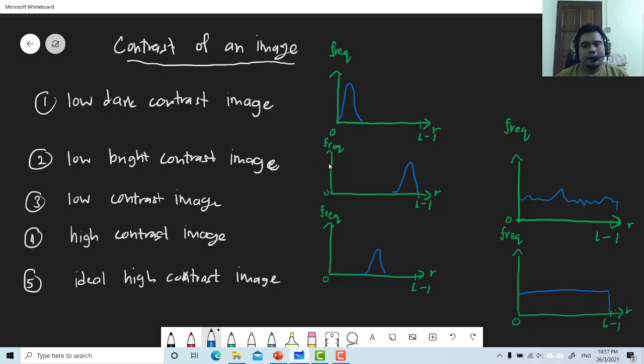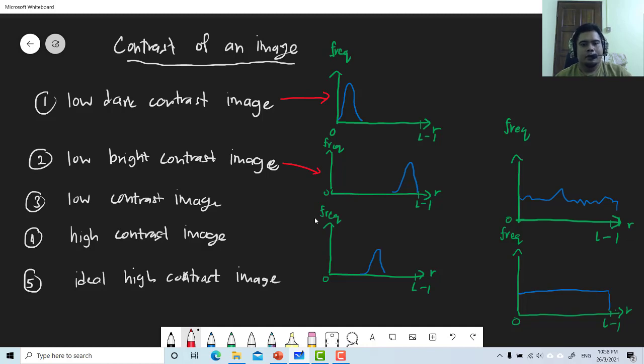And if you find the histogram is like this, then it belongs to a low bright contrast image. And if you find the histogram occupies a very narrow region at the center, then we cannot say it's dark or bright. I forgot to label this one.